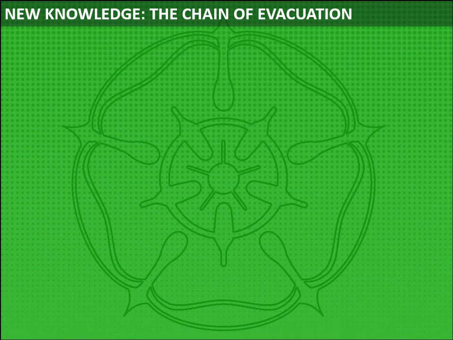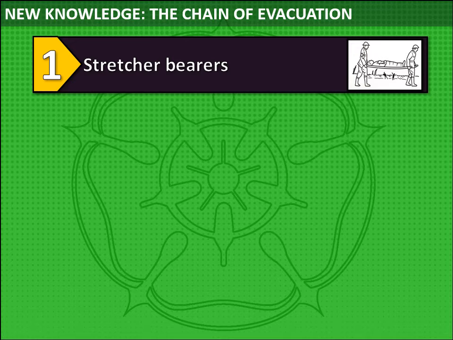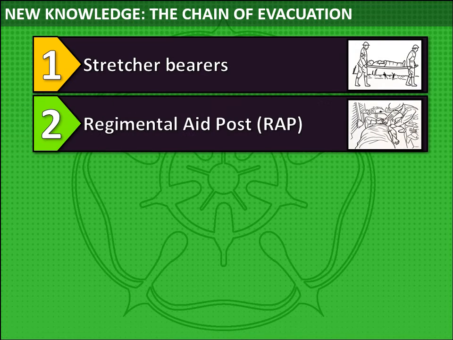There were 5 stages to this chain of evacuation created by the British Army. Stage 1 was the stretcher bearers. We'll talk about those in a bit, but you don't need to know loads about them. More importantly, you need to know about the regimental aid post, known as the RAP.